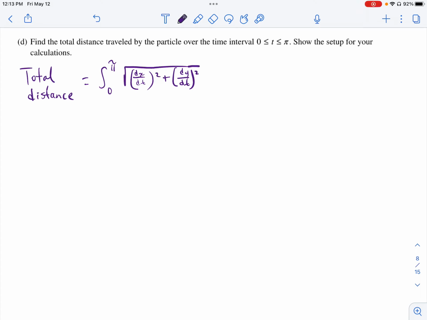I'm going to extend that radical. Don't forget that we're integrating this with respect to t. After you put that into your calculator, you should get 6.034 or 6.035. All right, and that was the second question of the Calc BC exam for 2023 using a calculator.